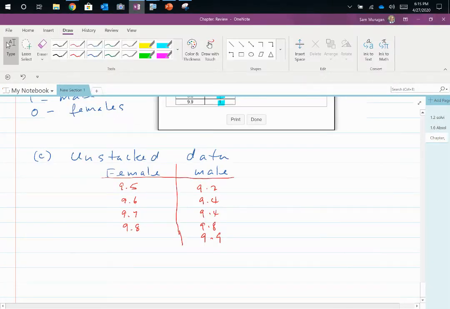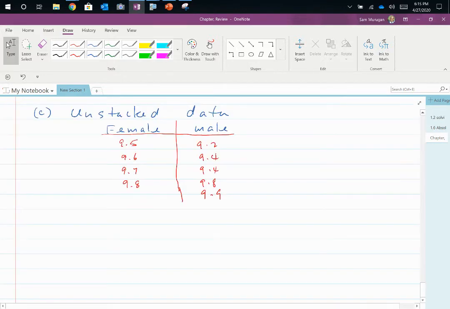So continuing with our discussion, we next want to talk a bit about frequency.